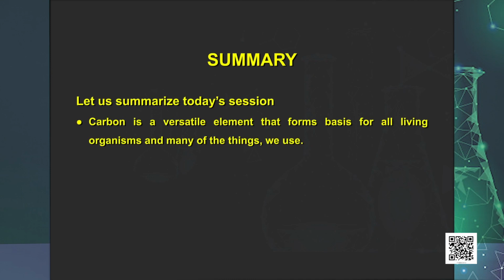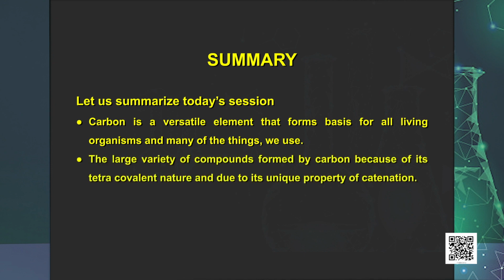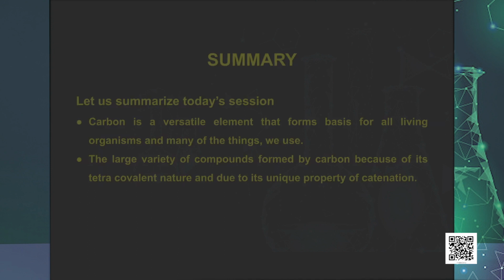So now we summarize what we have learnt. Carbon is a versatile element. It forms basis for all living organisms and many of the things we use. The large variety of compounds is formed by carbon because of its tetracovalent nature and due to its unique property of catenation.